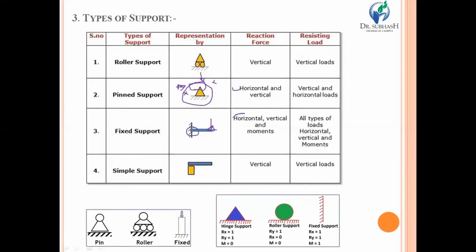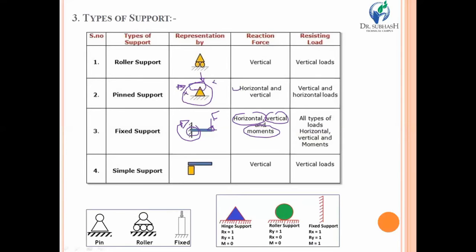So it clearly means that horizontal and vertical reactions will be set up by this type of support. And along with this, if you apply force at some distance from the fixed end, over here at the fixed end there is a moment. So ultimately, we can say that a moment is also produced by this type of fixed support.